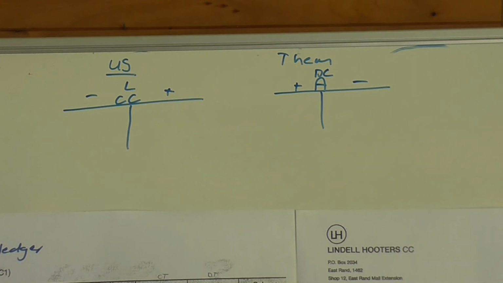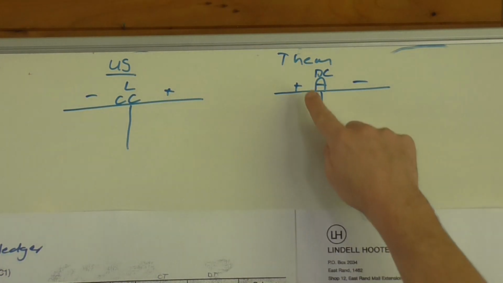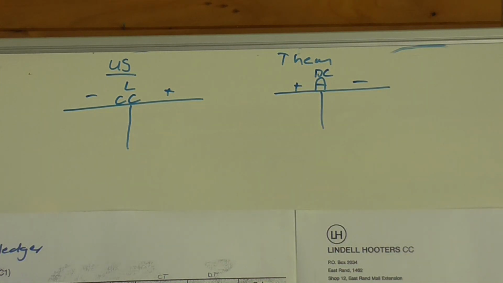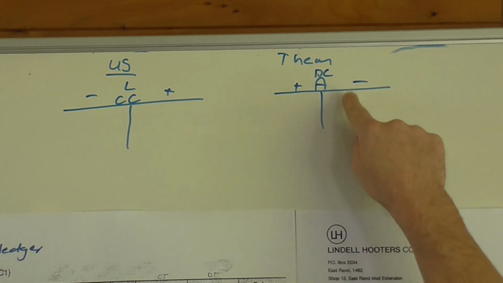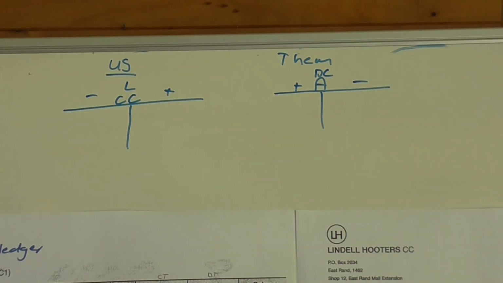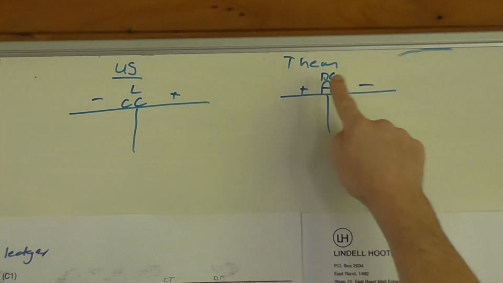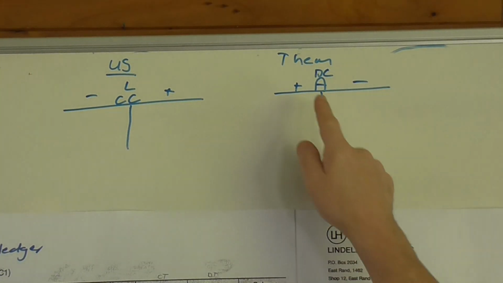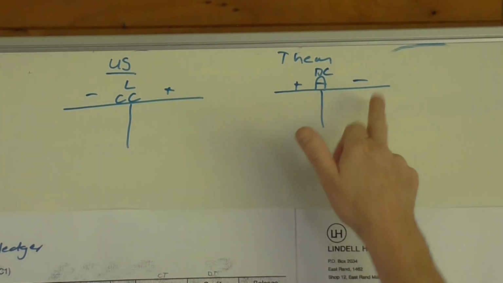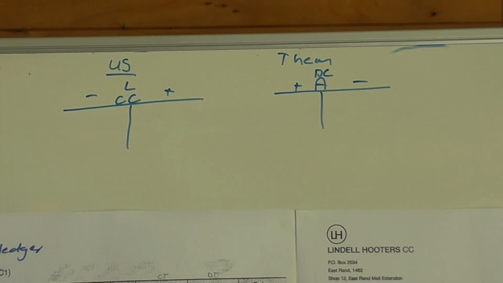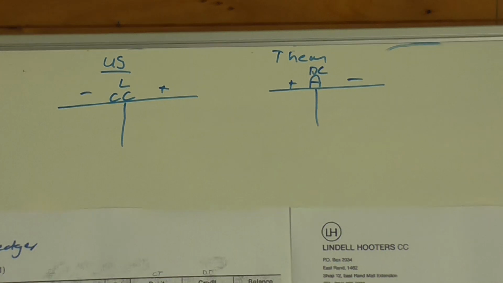But to the creditor, you are an asset, because you're their debtors control. You've been purchasing from them, so you're a debtor to the creditor. To them you are an asset, which increases on the debit side and decreases on the credit side. Your creditor, to your business, is a liability. You always need to take that into consideration.